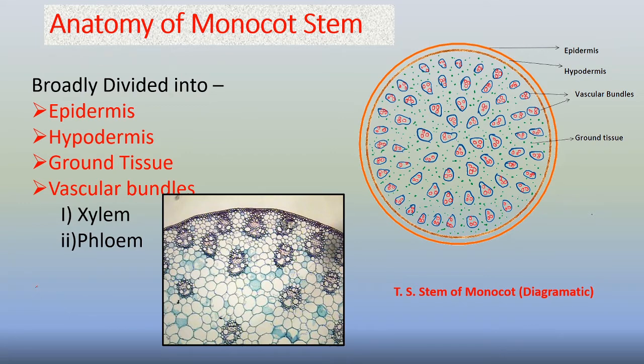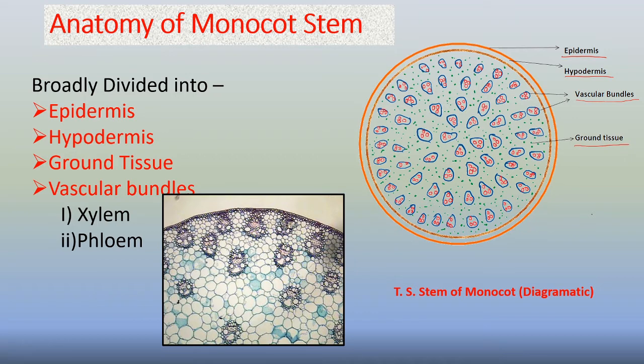It is divided broadly into the four parts, that is the outermost epidermis, second one is hypodermis, third one is the vascular bundles which are present in the ground tissue, that is the fourth tissue which is seen in the transverse section of the stem.